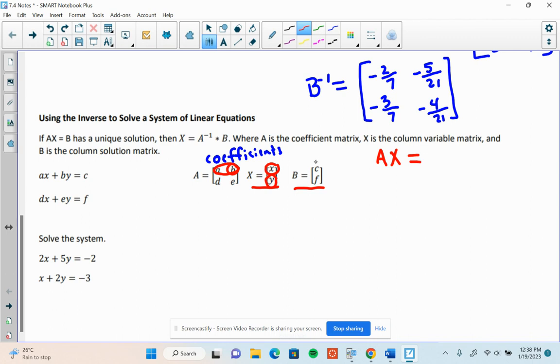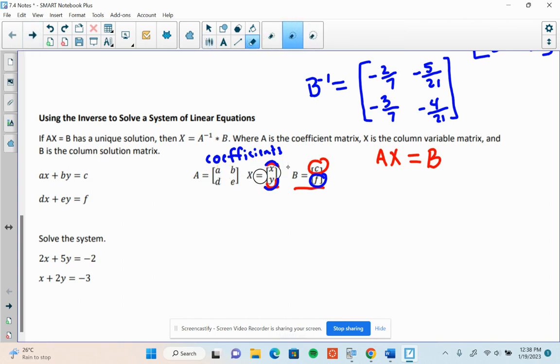So we have AX plus BY, and if that's going to equal the matrix on the right-hand side, that would have to equal the C. And then when we do the second row, multiplying with that, we have DX plus EY. If that's going to equal the matrix B, then that has to equal the F.